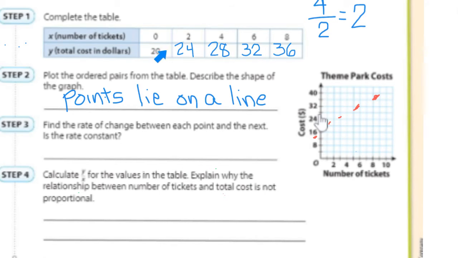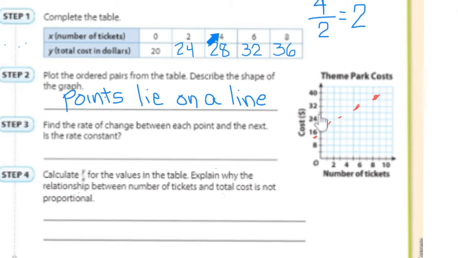So I did the first 2 points. Let's do the next set of points. It goes from 24 to 28. It went up by 4. From 2 to 4, it went up by 2. So again, I have 4 divided by 2. That rate of change is also 2.